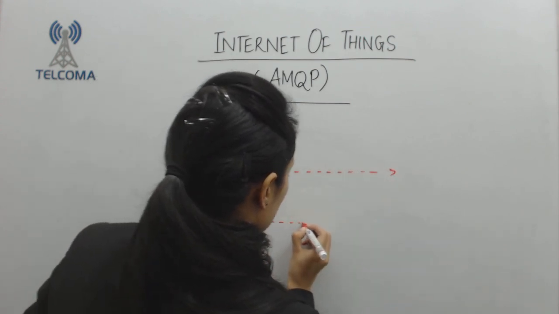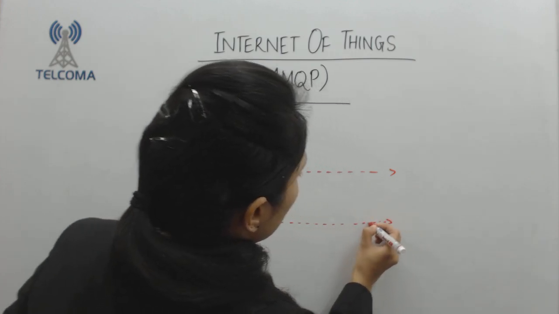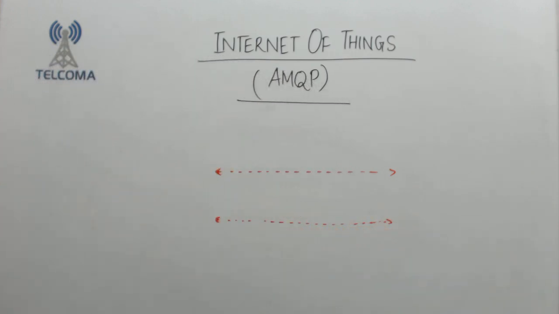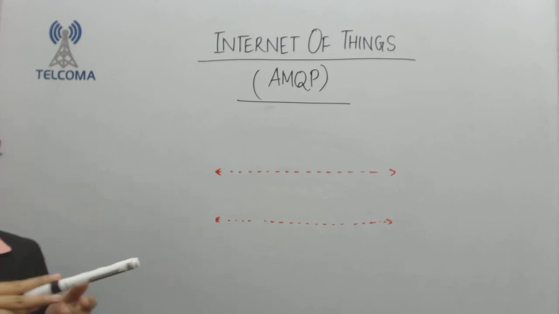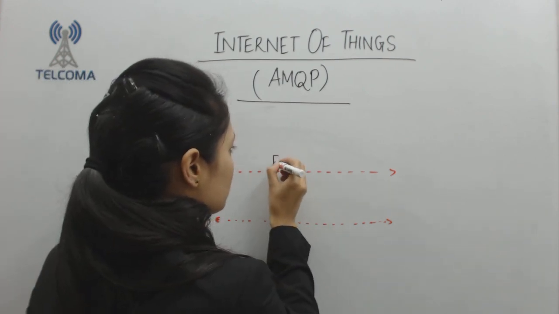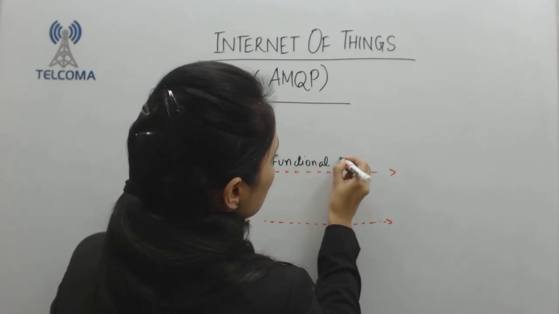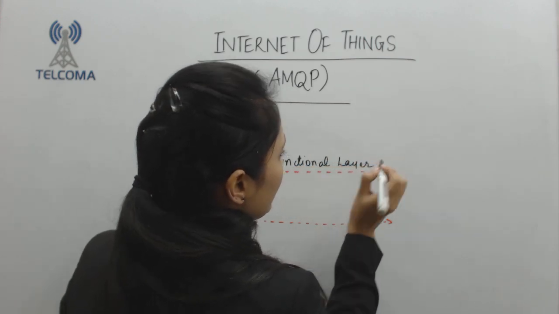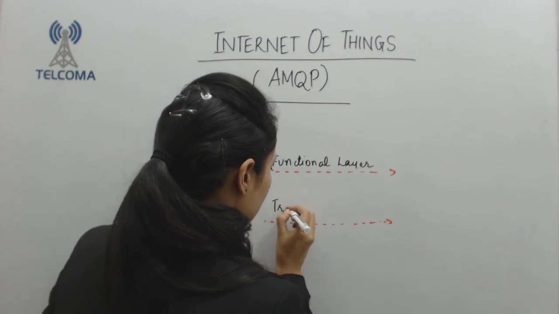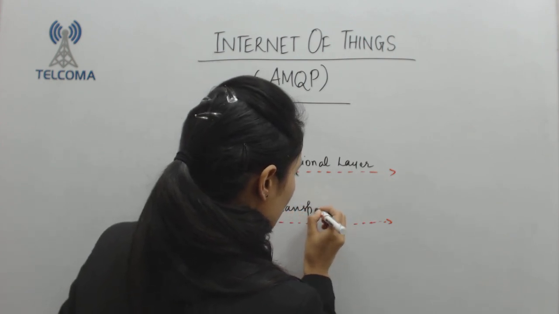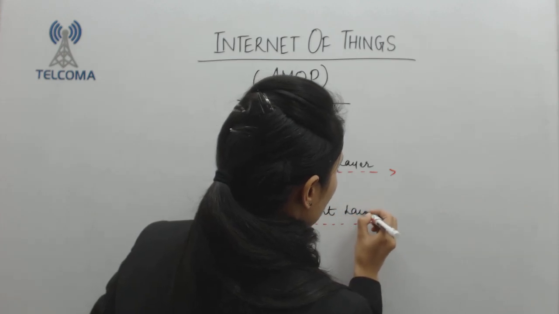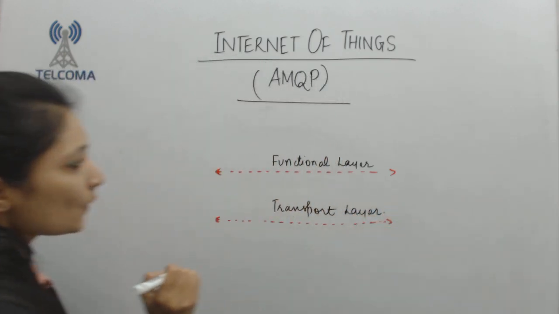The first one is the functional layer, and the second one is the transport layer.